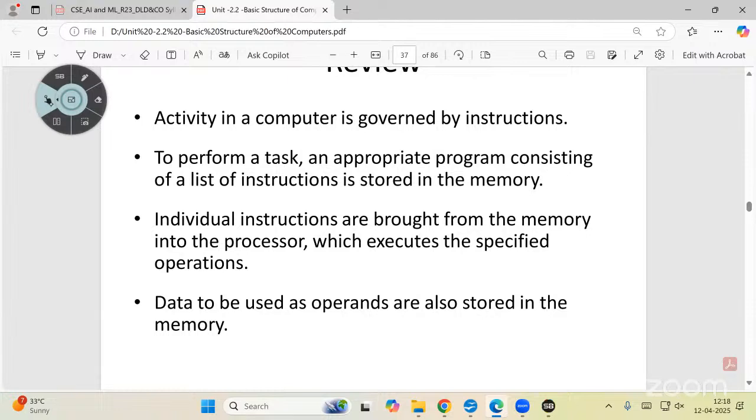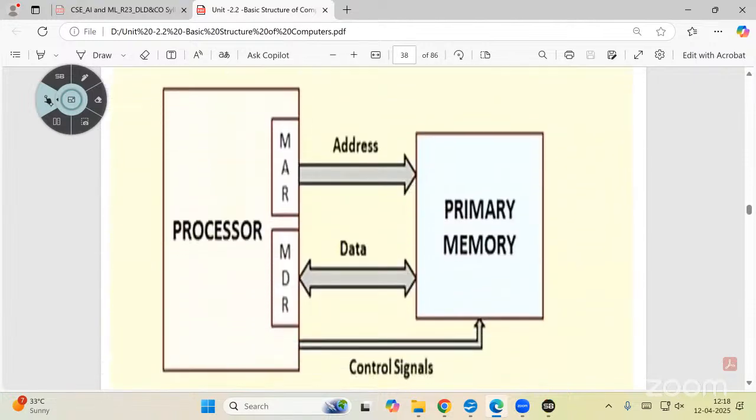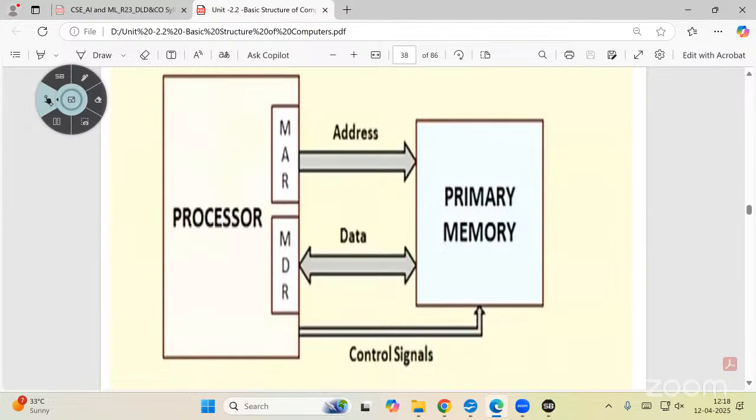Now, the simple diagram you can see here. Primary memory, that is the read-only and random access memories, and the processor.